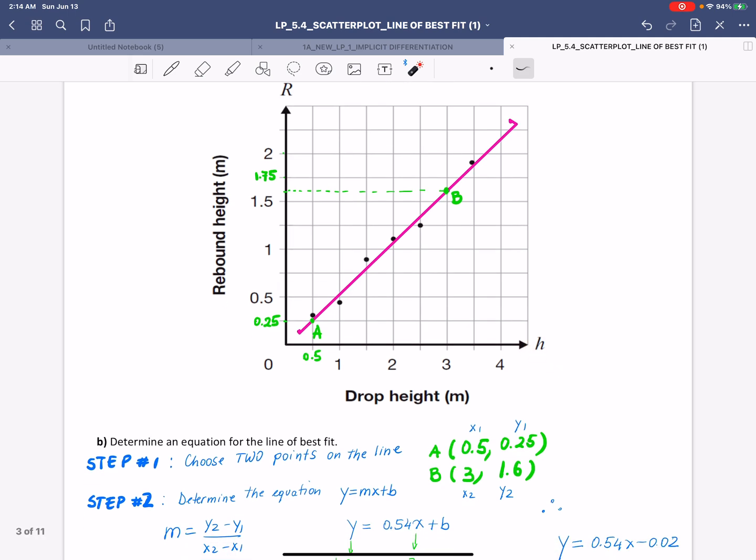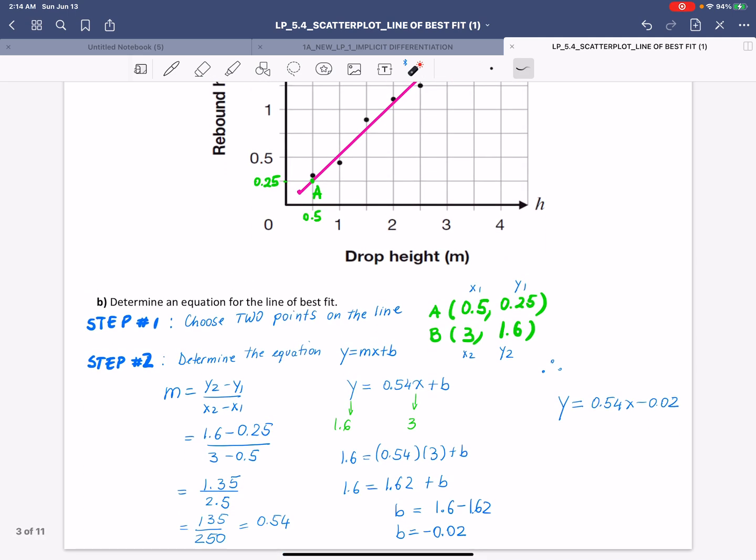Now it is very important that we use the exact variables as indicated on the graph. But I find that very often students find it easier to use the x and the y when finding the equation of the line and then substitute at the end. So if you are one of those people who prefer to use x and y, then there is nothing wrong with it.